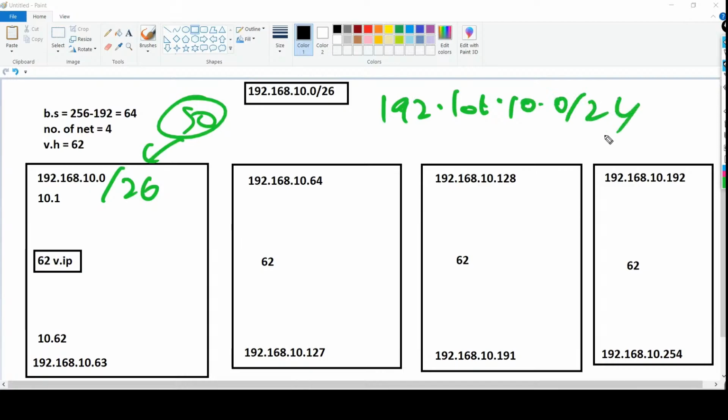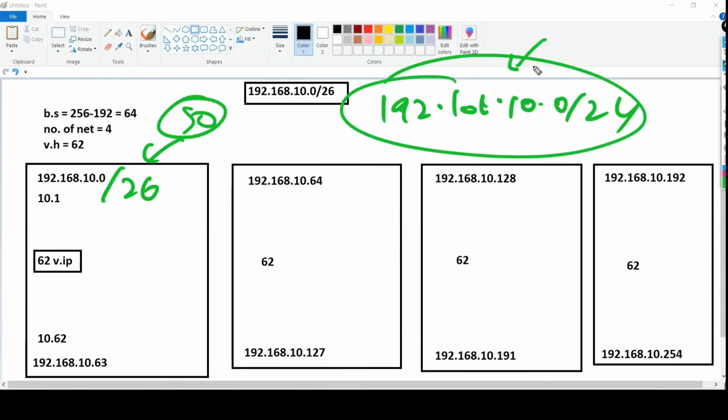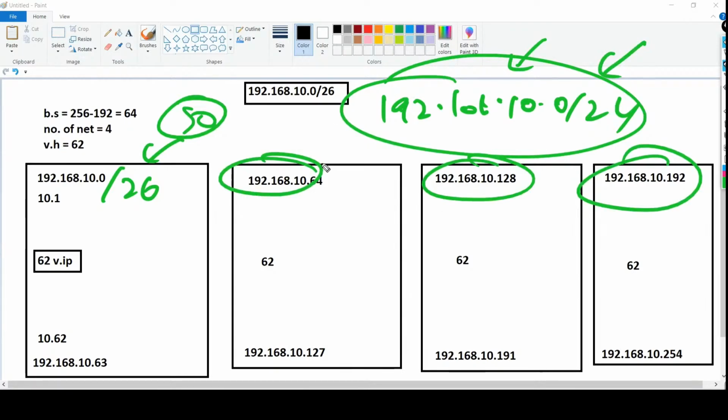If I use /24, I will waste approximately 200 IP addresses, and I cannot use these other networks because they all belong to the same network; the networks will overlap. So the better thing is to use this subnetted network, where I will waste only 12 IP addresses.